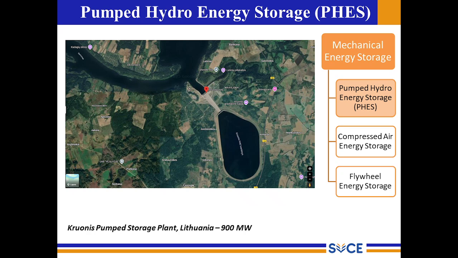Here you can see the upper reservoir, which is at an elevated area. Energy is used to pump the water from the lower to the upper, and during times of need, the water flows back through the turbine, and it can be used depending on the need.